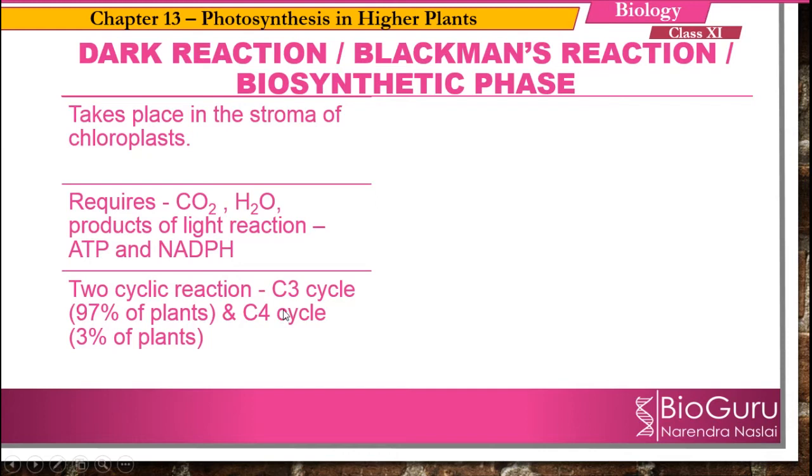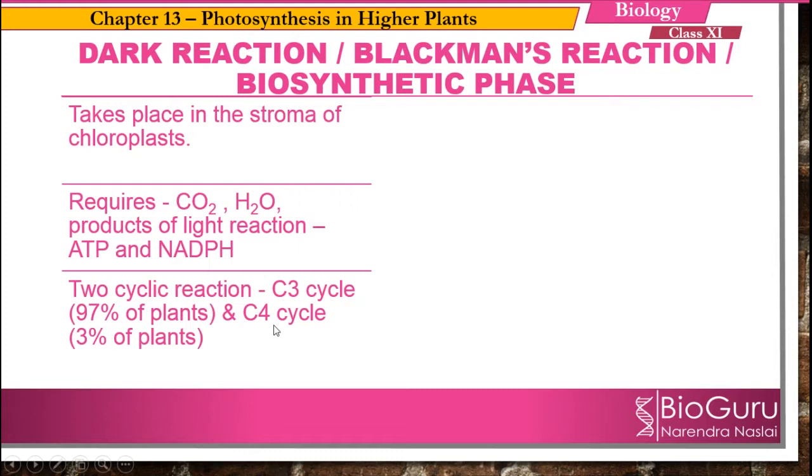Majority of the plants perform C3 cycle, that is 97% of plants, whereas some of the plants have adopted a different cycle, that is C4 cycle, that is 3% of the plants. Why they have adapted to C4 cycle, we'll understand afterwards.